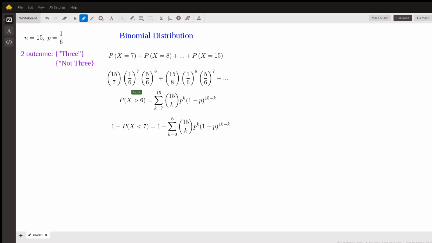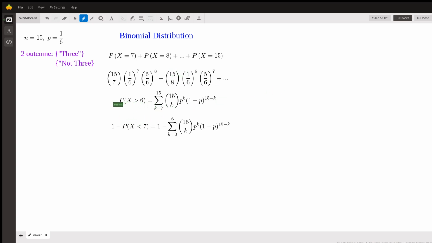The probability then is the probability of rolling a 3 to the power 7, times the probability of not rolling a 3, 5 over 6, for the remaining rolls, which is power 8. And then this is x equals 8, and then you have to go on.